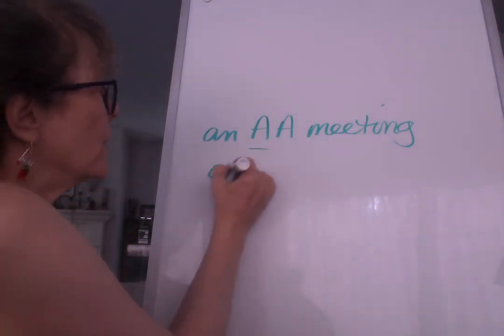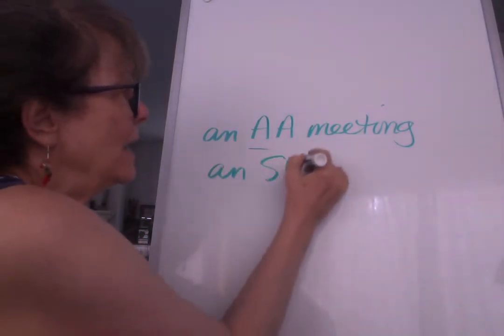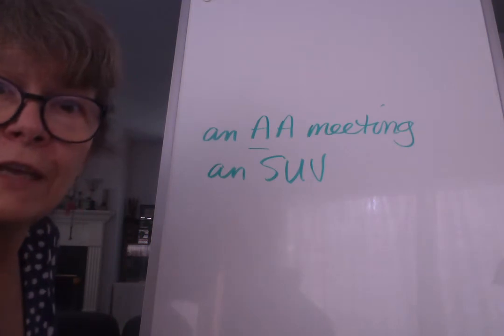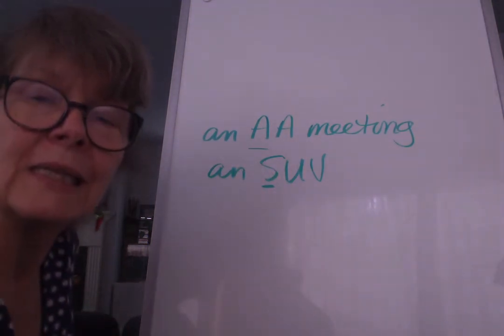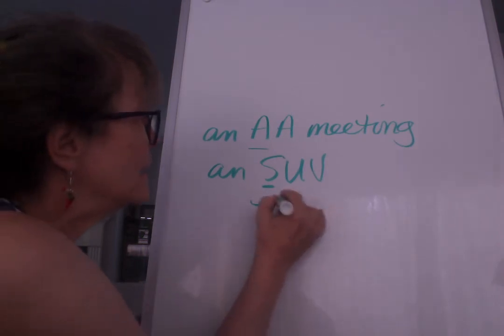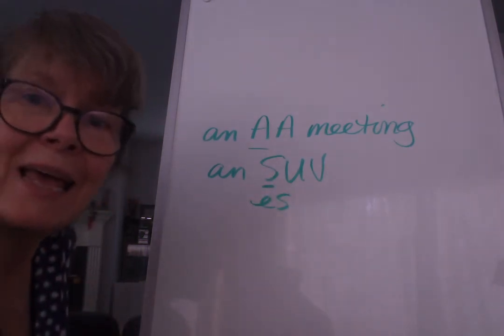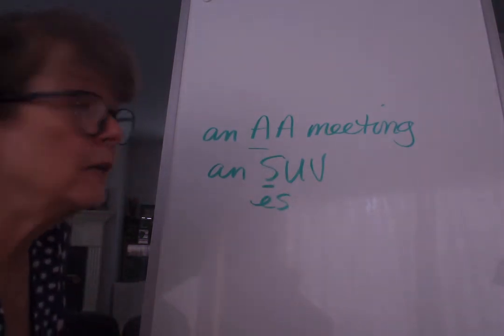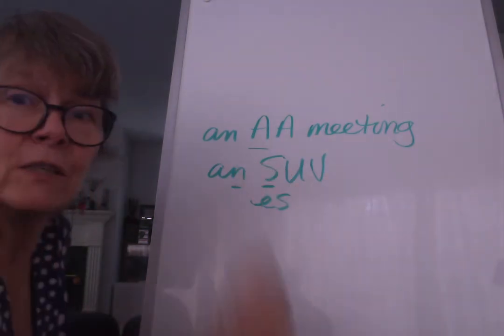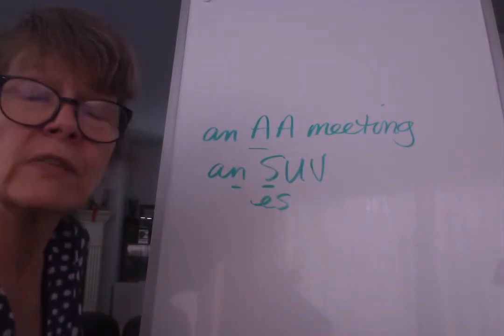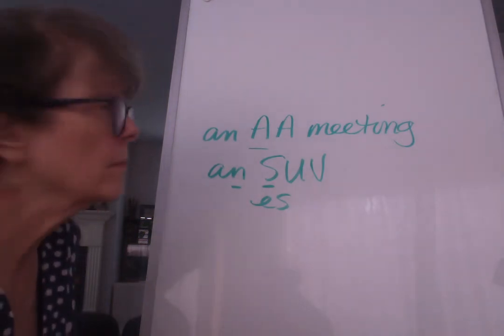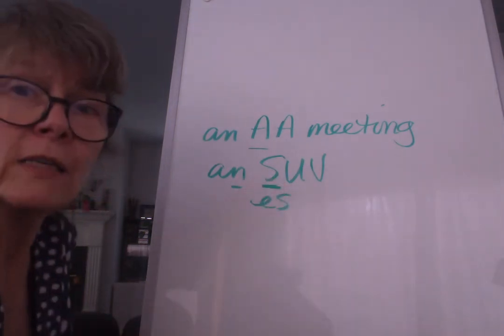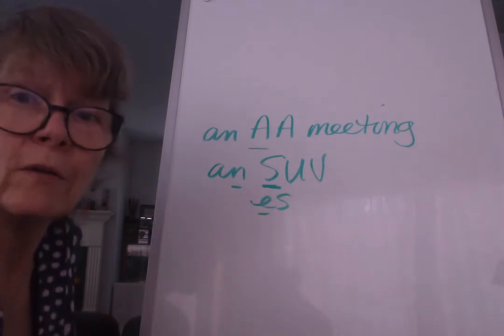But I would also say an SUV. Even though this is a consonant, the sound it makes is like this, SUV. So I say an SUV. I don't say a SUV. I say an SUV, because the sound of that consonant is a vowel sound.